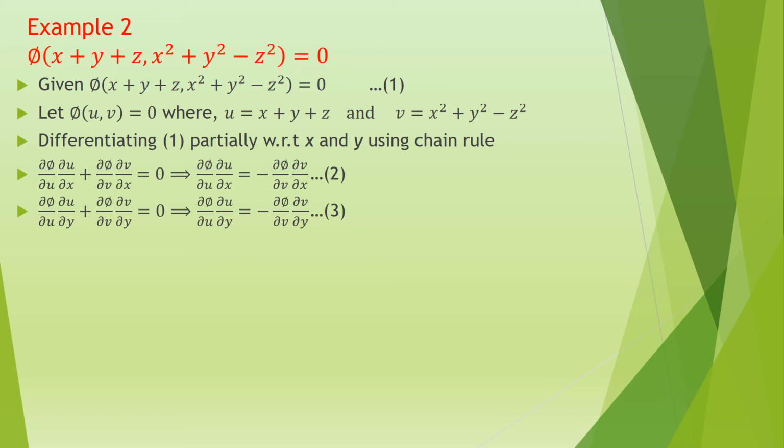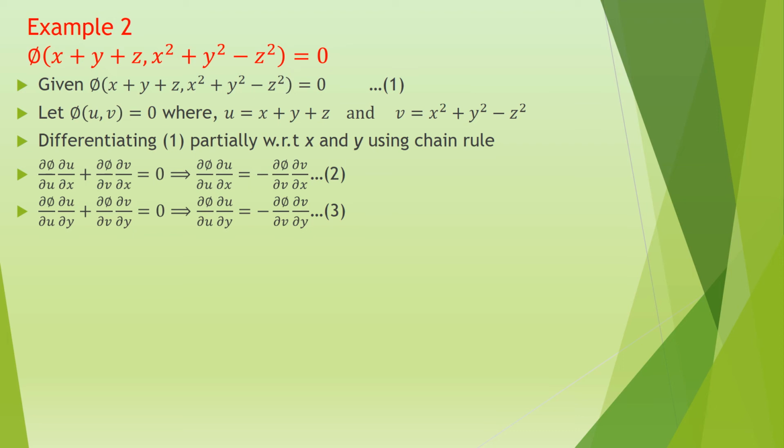Now from equations 2 and 3, we will get the required PDE. How? Because if you see in equation 2 and equation 3, ∂φ/∂u is there in equation 2, and ∂φ/∂u is there in the left side of equation 3. Similarly, ∂φ/∂v is there on the right side of equation 2 and on the right side of equation 3.